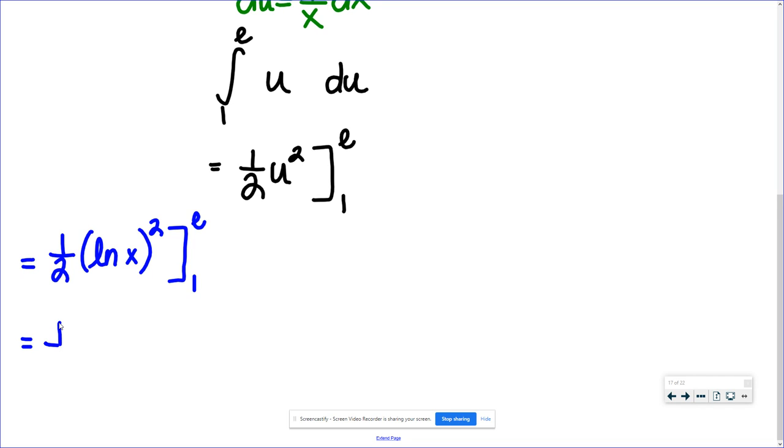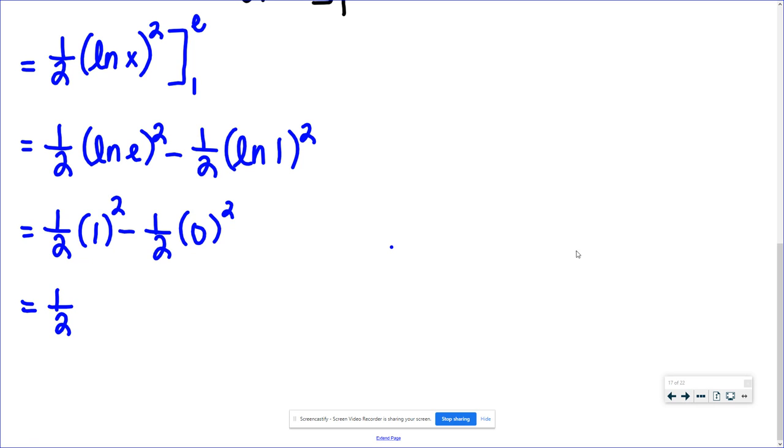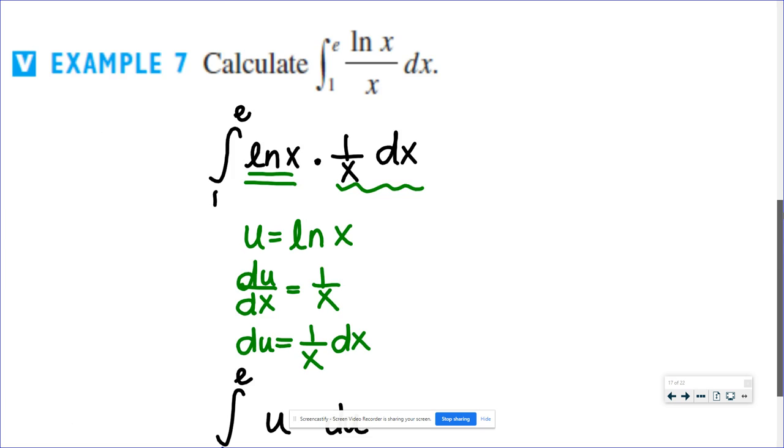We continue with this side, and we're going to plug in e, and then we're going to plug in 1. And we're going to evaluate. So let's see, 1/2 ln of e is 1. Ln of 1 is 0. So if you simplify, I believe this is just going to equal 1/2.